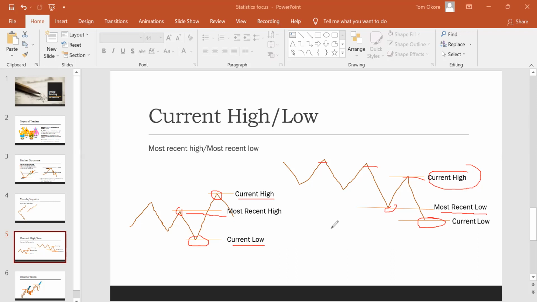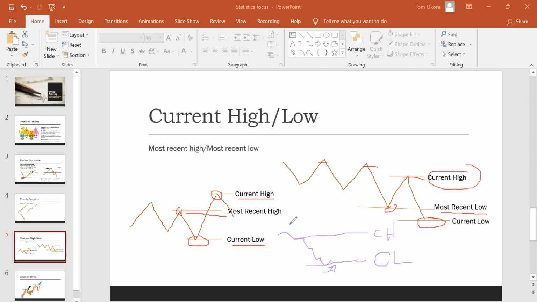And that is why, when we talk about the market turning, it's very important to know that the market must have reached or touched the current low. And this is current high. So if this market was going like this, the fact that it goes here and turns here does not say that we have turned.